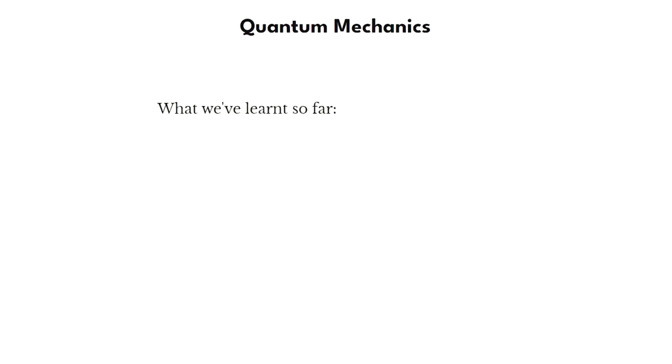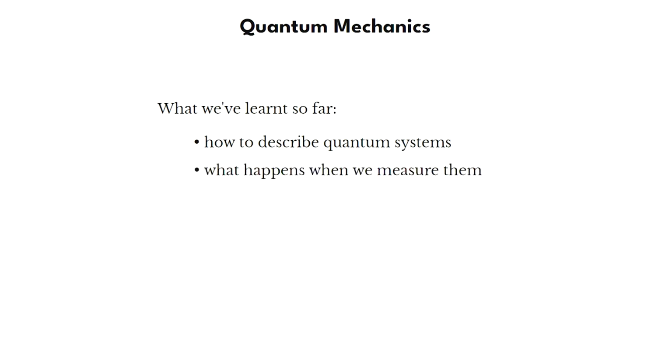Moving to the next part. What you have learned so far in the past 2 days is how to describe a quantum system. Do you still remember how? It's through vectors defined by complex amplitudes.